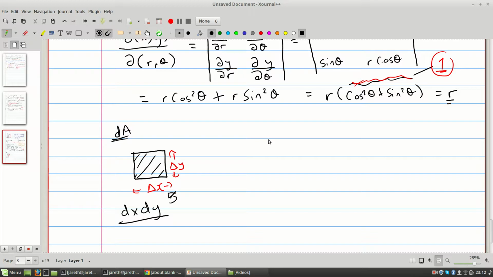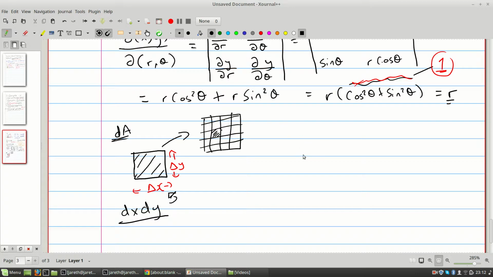But once we move on to polar coordinates, this was a zoomed-in version of what we would see in the Cartesian plane, a small change in x and a small change in y.